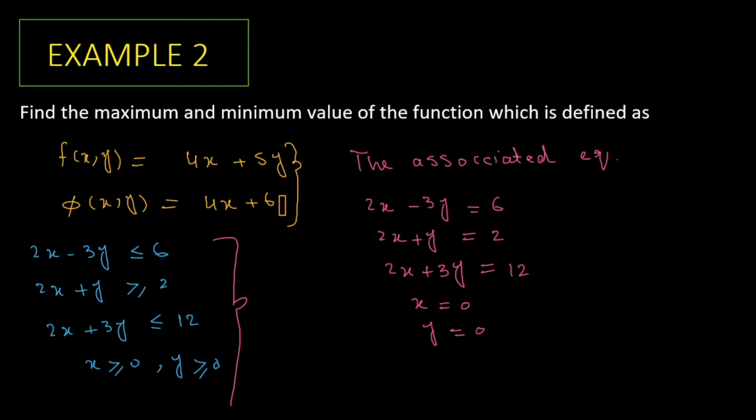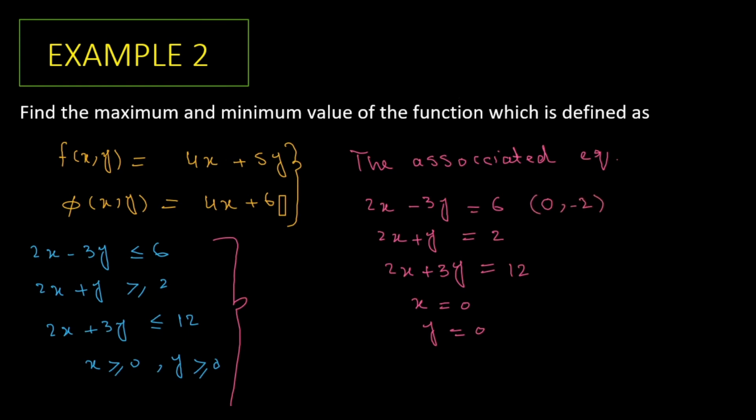Let us take two points. See over here, what are the points? For x is equal to 0, 2x will be 0, so minus 3y is equal to 6, which means y is equal to minus 2. So our point is (0, -2). This is our first point.